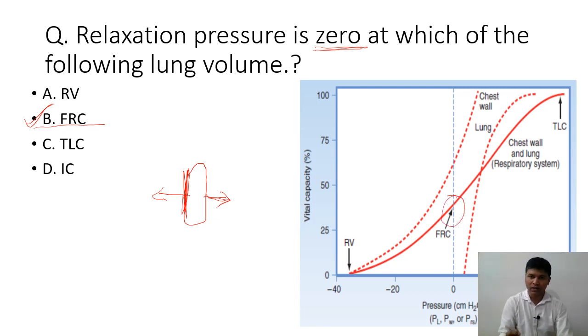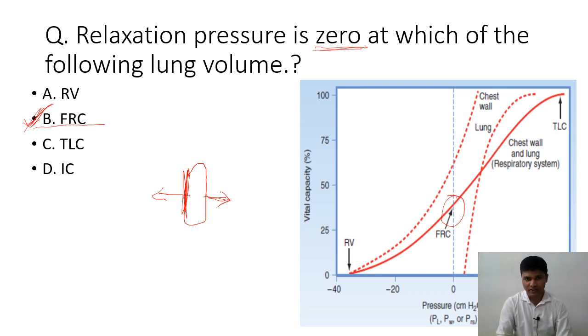At that point the chest wall, which is trying to move outward, and the lung, which is trying to collapse inward, are balanced. So this answer is very simple. I hope everybody marked it correctly.